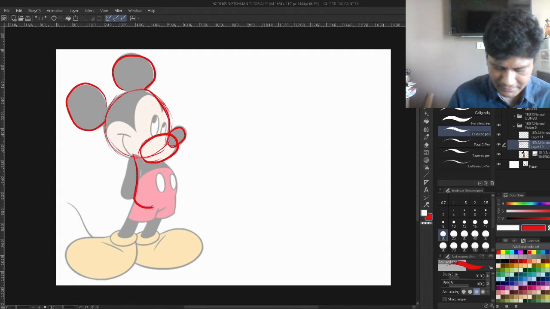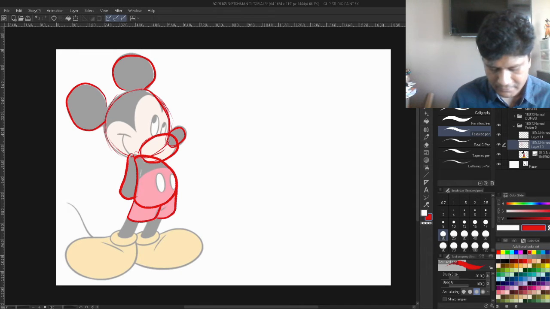Again, we have that kind of raindrop, that drop kind of shape. Same for the arm here, folded in the back. The shorts, I mean, I was going to say, what is he wearing? The legs, and then the feet.